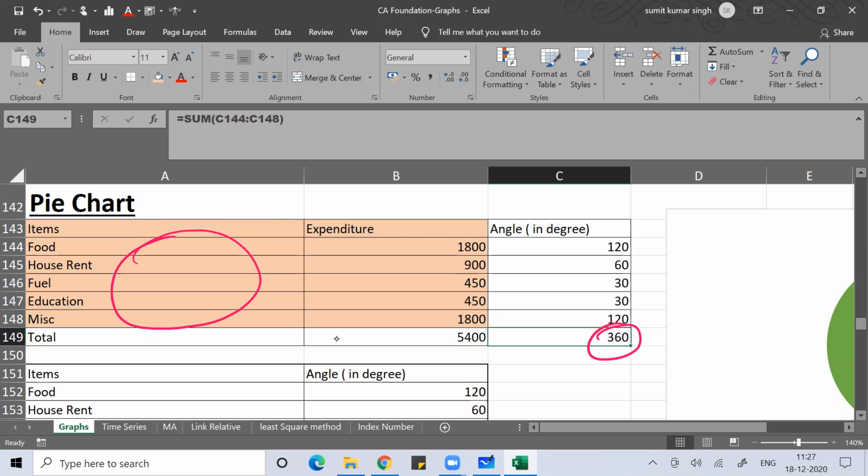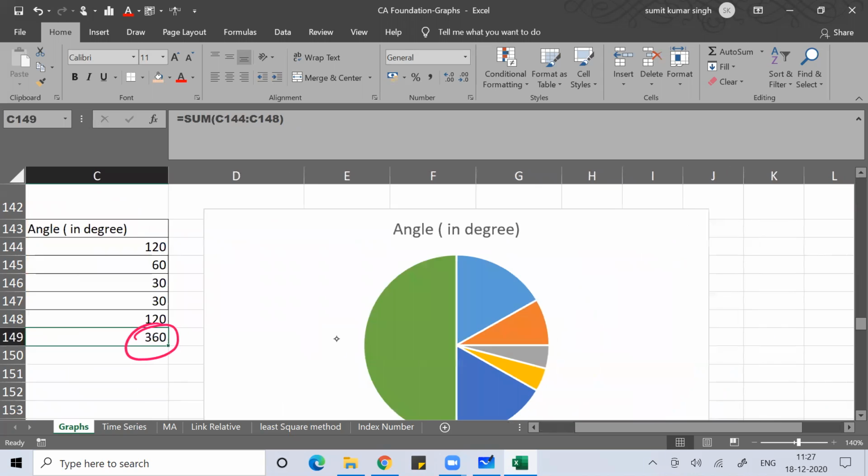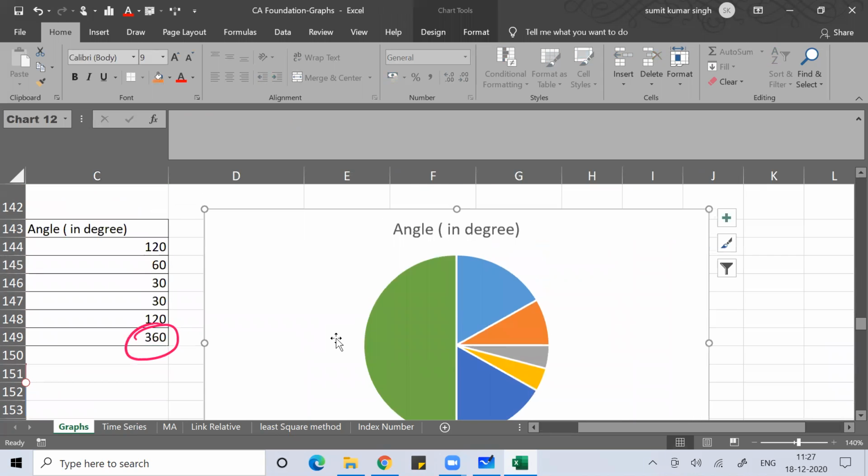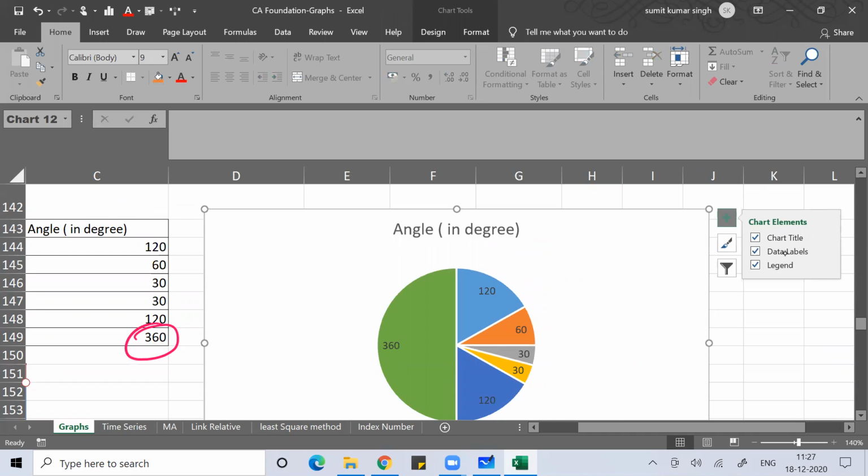I hope you understood. Using them, you can draw the diagram. This is called a pie chart.